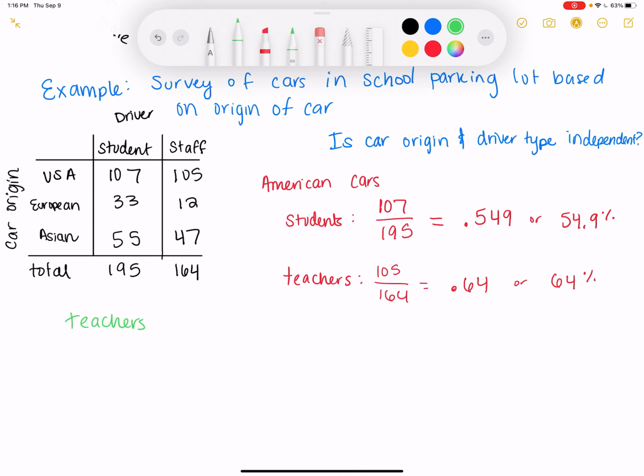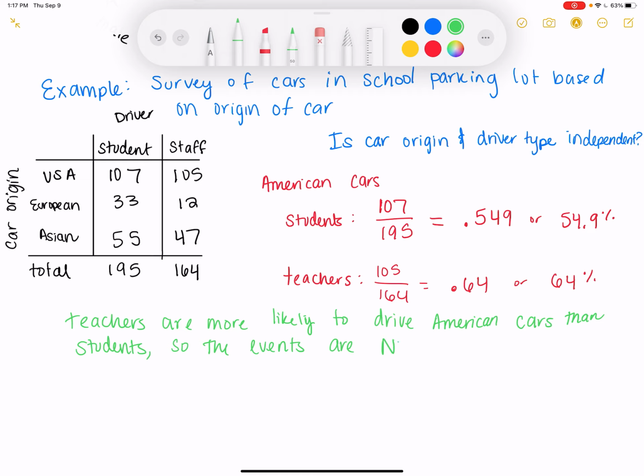Teachers are more likely to drive American cars than students. So the events are not independent.